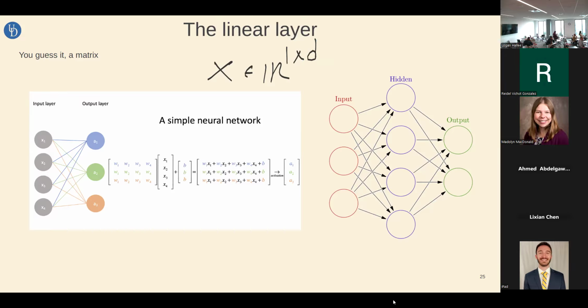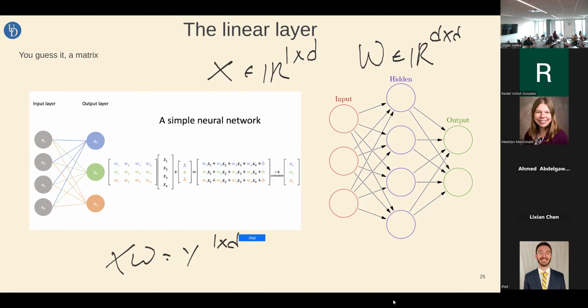We'll just refer to it as that. If our weight matrix is D by D, this is going to maintain the shape of our input after the matmul. XW, the output of this is also going to be 1 by D.